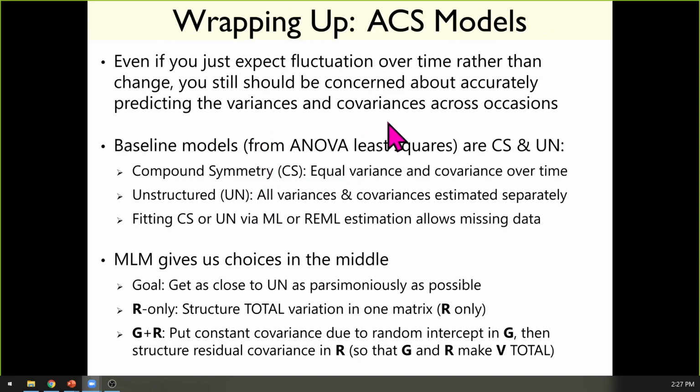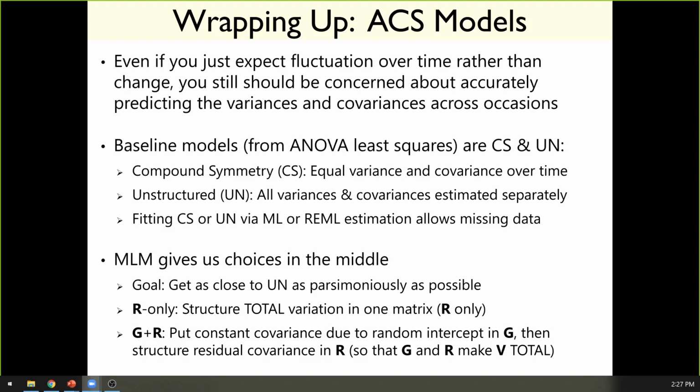All of the choices. So if you think back to these choices as a menu, relative to what is possible in ordinary least squares, relative to what is possible in traditional repeated measures ANOVA, you have two choices. You have compound symmetry, which is the univariate approach, or you have the multivariate approach, which is unstructured.